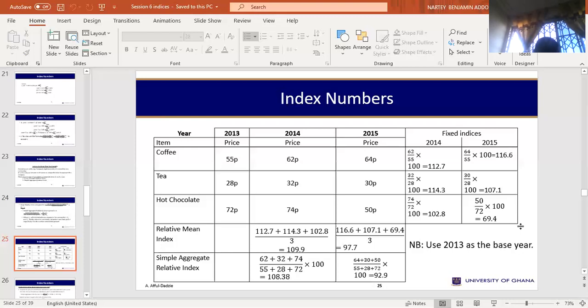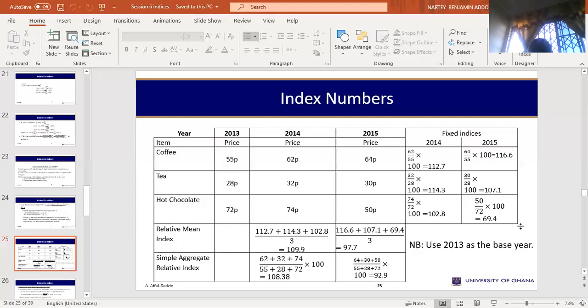It has some disadvantages. First, it ignores the relative importance of the units of commodities, so it does not take the units into account. Then it also ignores the various units in which prices and quantities may be quoted, for example, per kilogram or per liter and so on.